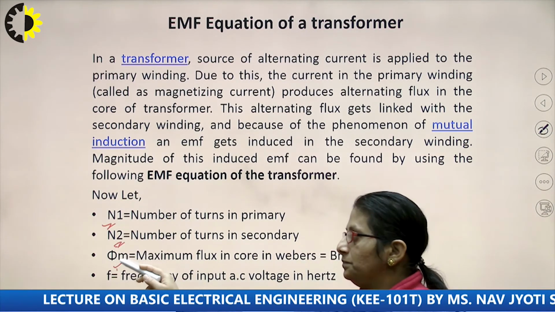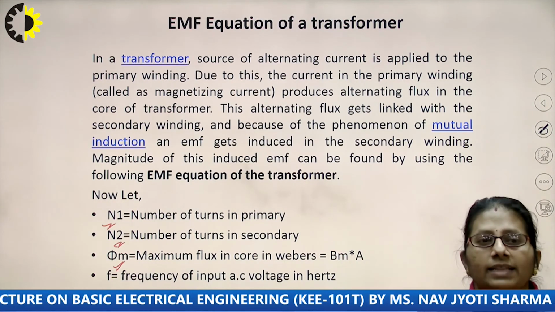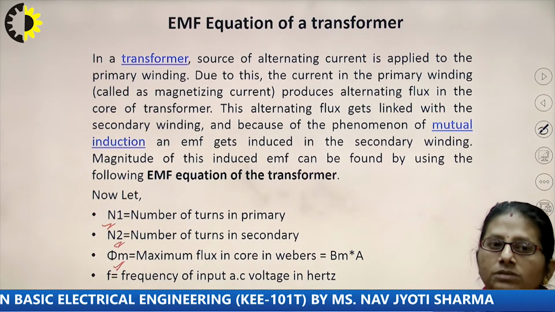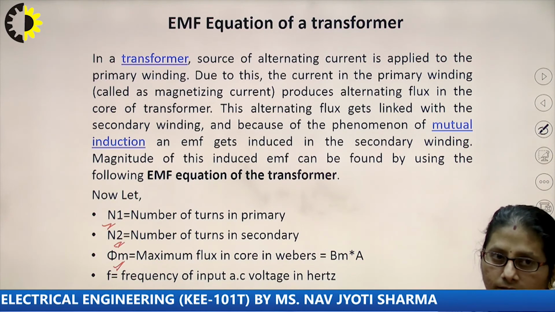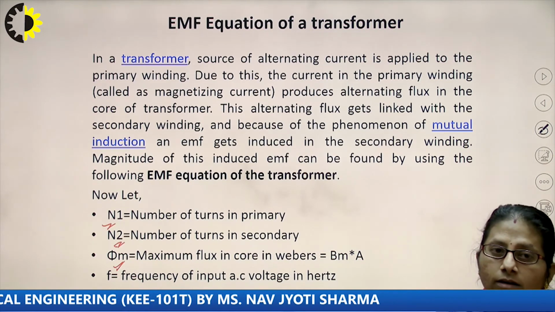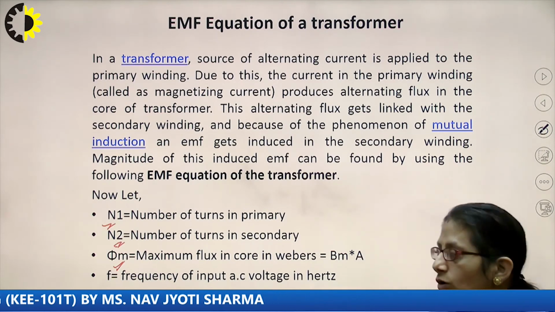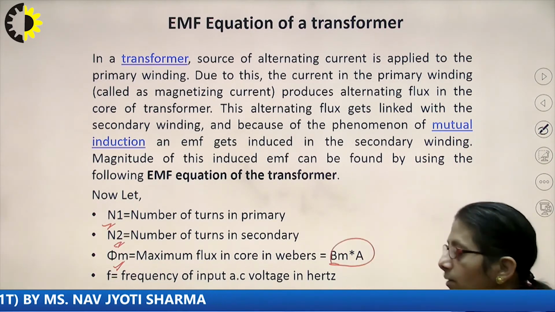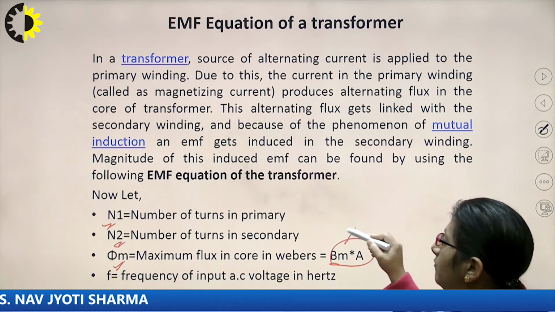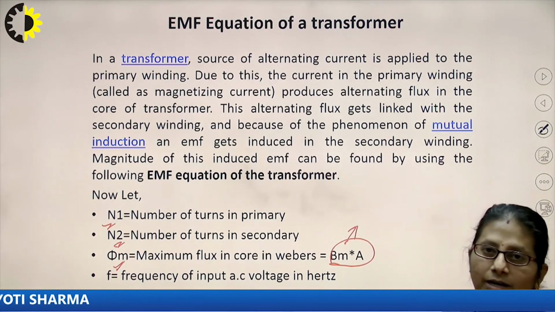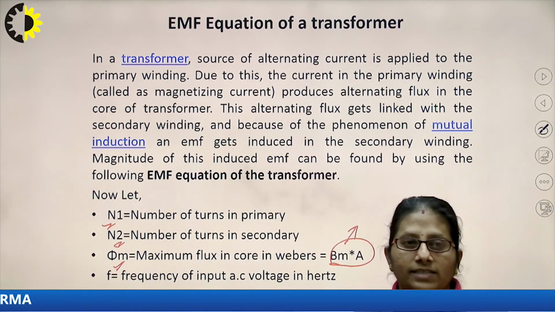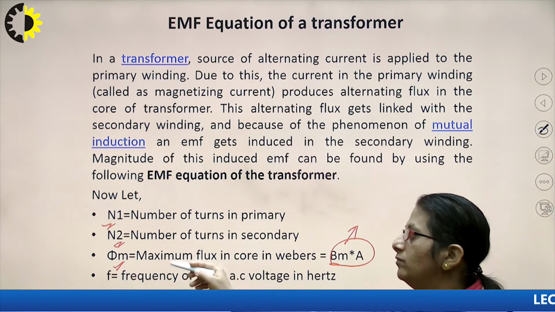Phi m is the maximum flux in the core, and the unit of flux is Webers. That can also be given as Bm into A, where Bm is the maximum flux density multiplied by area. So that gives me the maximum flux.